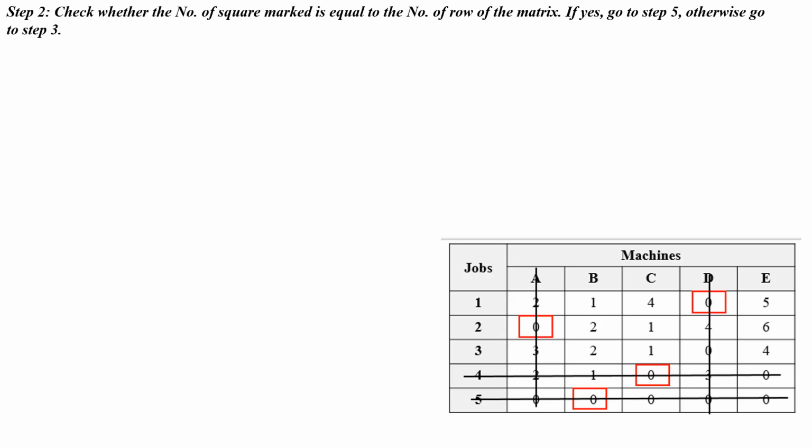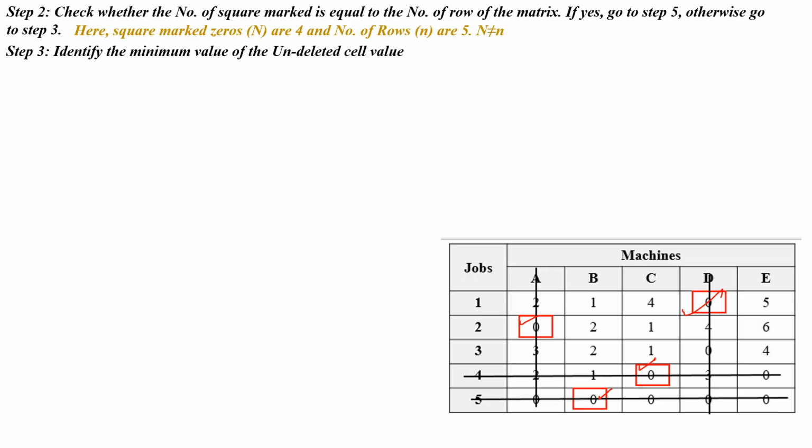If they are equal, then I go to step 5, otherwise go to step 3. Here the square marked zeros are only 4 and the number of rows is 5. So the number of square marked zeros is not equal to the number of rows of the matrix. Then I have to go for step 3.